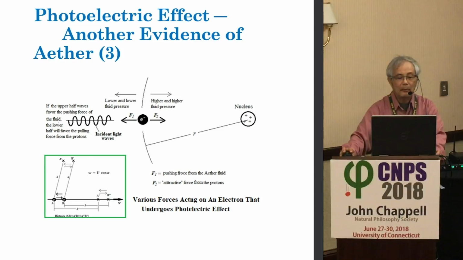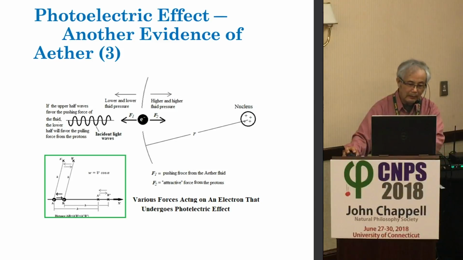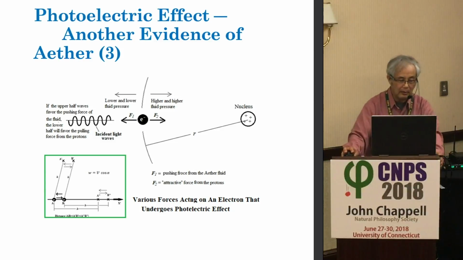Again, on the photoelectric effect, when the light hits the electron, in one half of the cycle it pushes the electron toward the nucleus. In another half cycle, it enables the electron to move away from the nucleus.